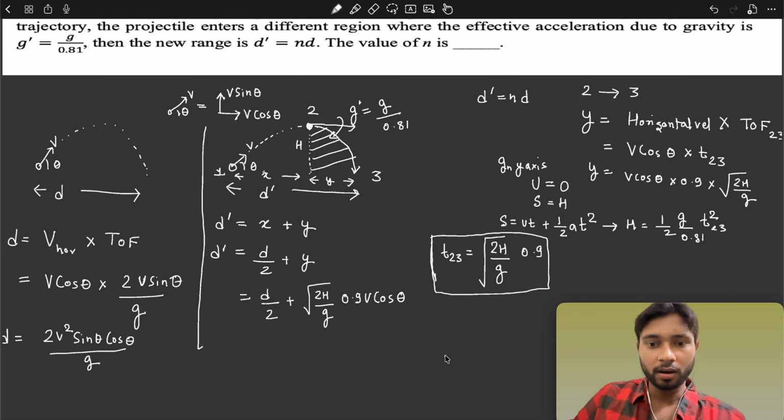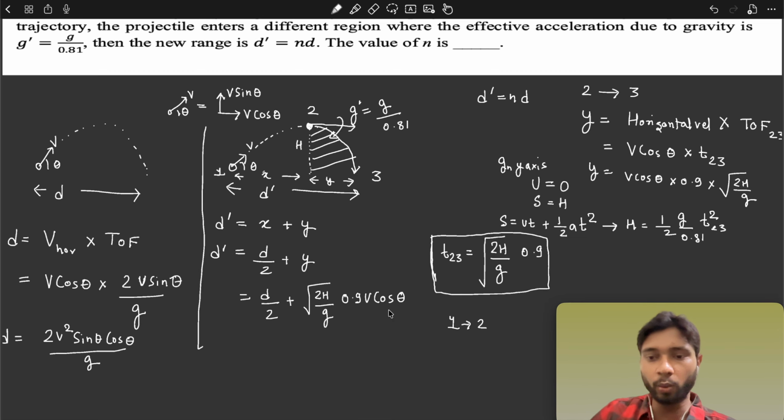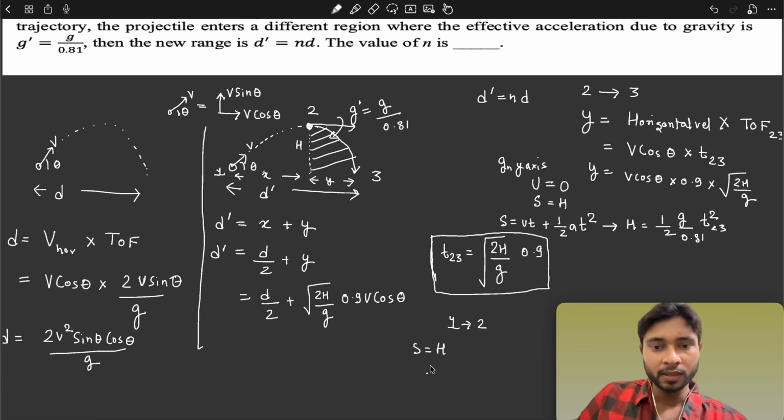So if we solve from point 1 to point 2 again in the vertical direction, vertical displacement is h, acceleration due to gravity is minus g from 1 to 2, and initial velocity was v sin theta.